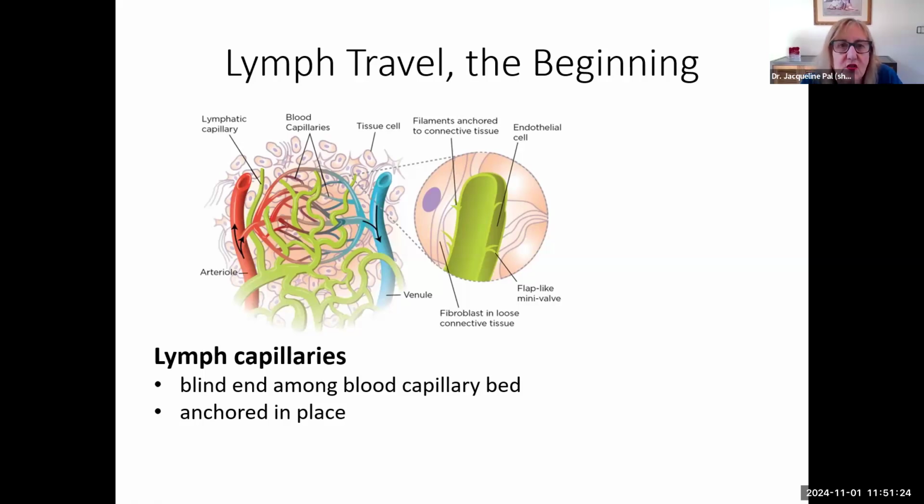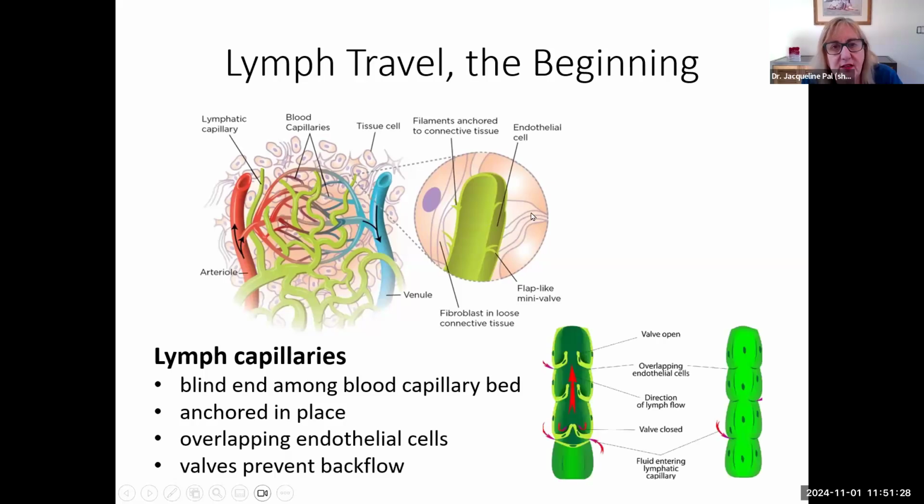If we look at the structure of lymph capillaries, they're different than blood capillaries in that they're single cells, but they're kind of like shingles in that they overlap. So when the pressure outside the capillary increases because there's extra fluid, it's going to push the little flap open so that the interstitial fluid can enter inside the lymphatic capillary.